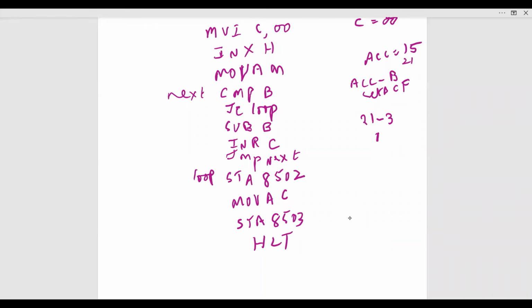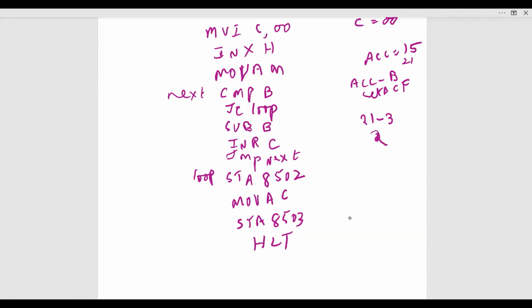Again, it performs the comparison, because after the subtraction the accumulator contains 18. 18 minus 3, there is no carry. Again it comes back; 18 minus 3 gives 15, and C will be incremented to 2. Jump next.